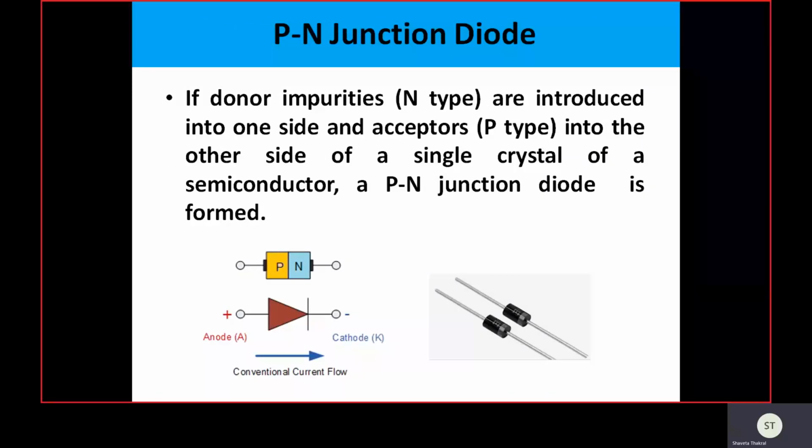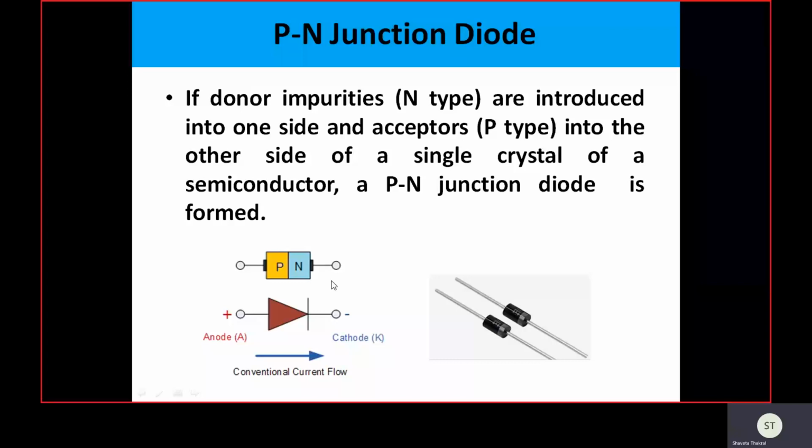Then the next component is the PN junction diode. This is the symbolic notation of the PN junction diode. As the name itself suggests, the p-type extrinsic semiconductor and the n-type extrinsic semiconductor are joined together with the help of a fabrication process, and two leads are taken out.